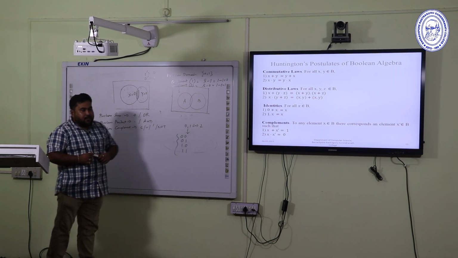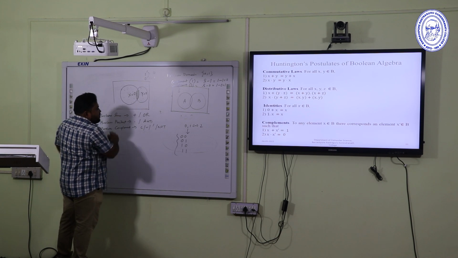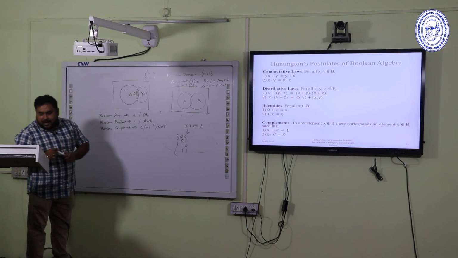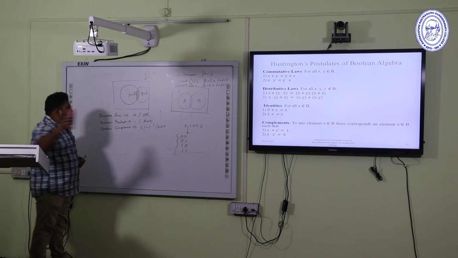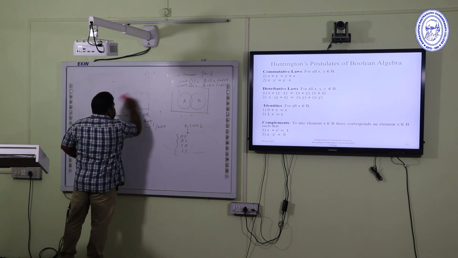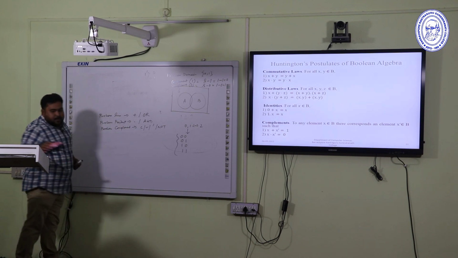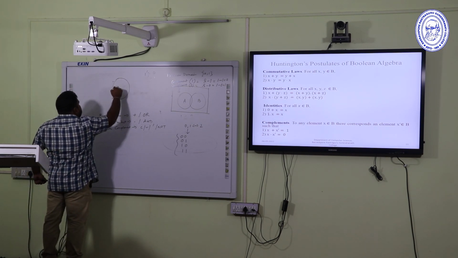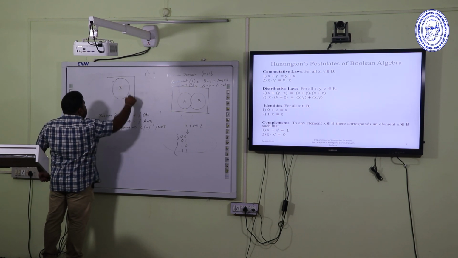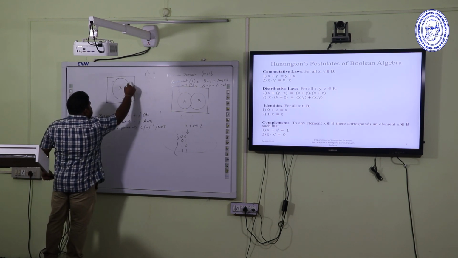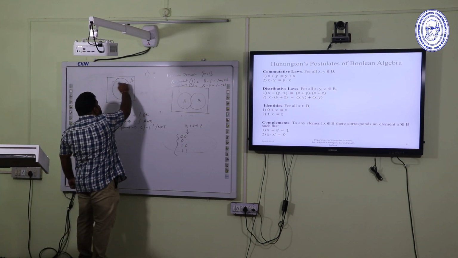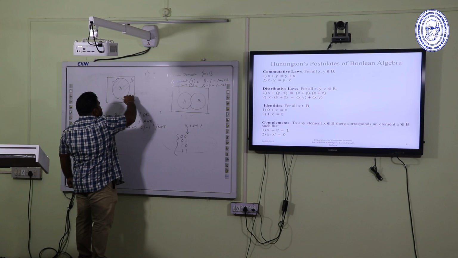From this we can conclude that x is a set, y is another set. Let me take an example. Here x is the only set. Suppose X is the only set within this universal set S. So X means this entire body.